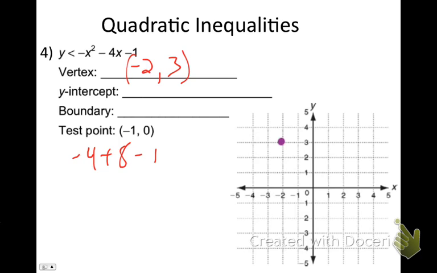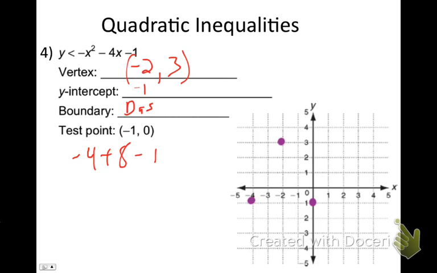Awesome. What's my y-intercept then, Jack? Negative 1. So I'm down there. Then I need to plot the what, Bailey? The reflection right over here. Awesome. Solid or dashed line, Garrett?